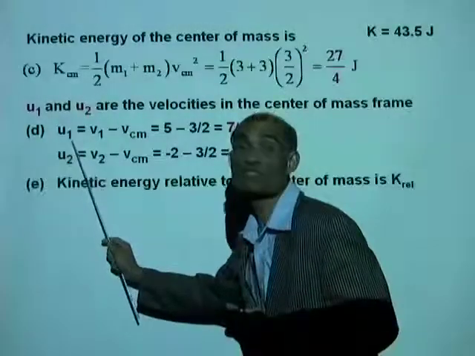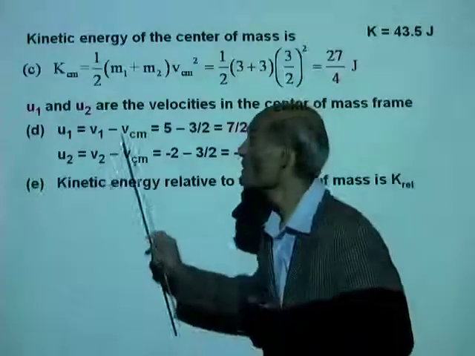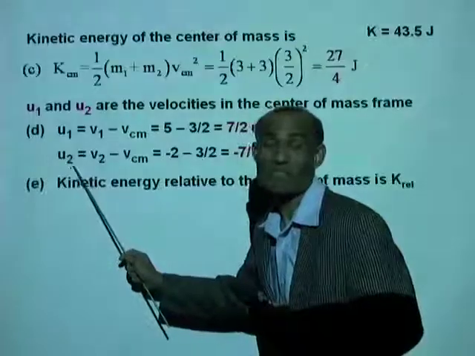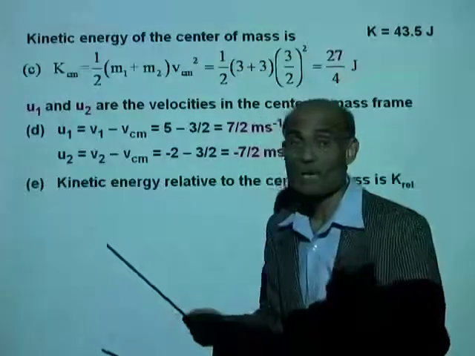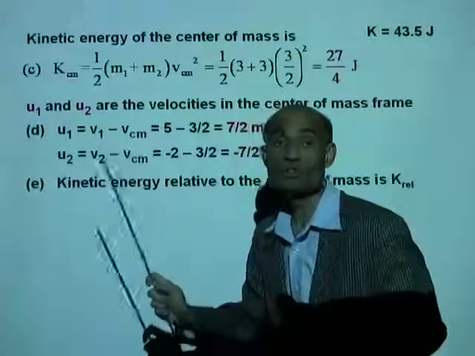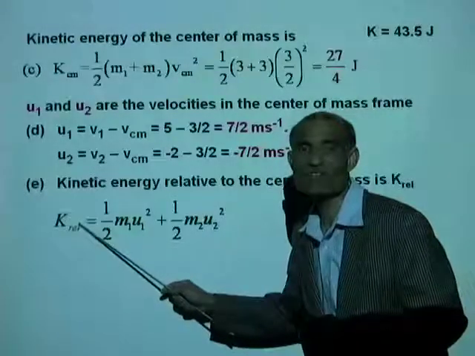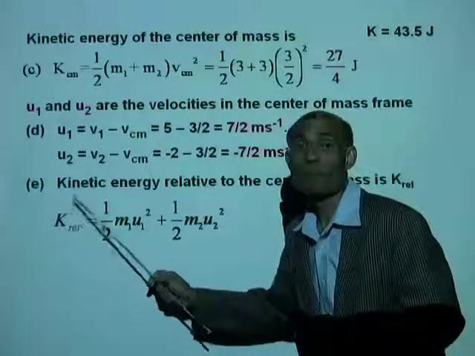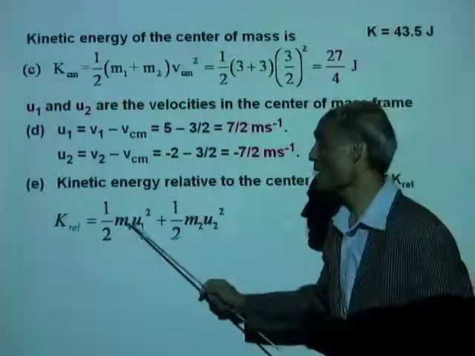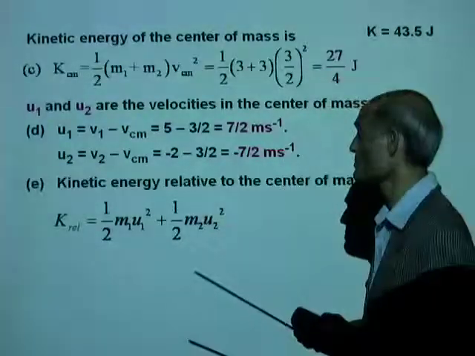The kinetic energy of the first object measured from the center of mass will be 1/2 m1 u1 squared. The kinetic energy of the second object will be 1/2 m2 u2 squared. So K relative, kinetic energy measured relative to the center of mass, is 1/2 m1 u1 squared plus 1/2 m2 u2 squared.